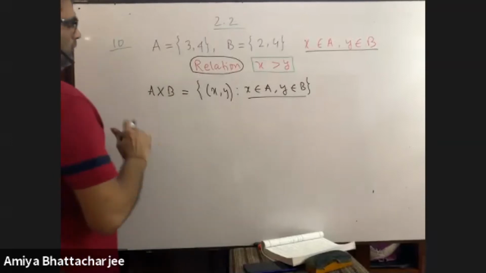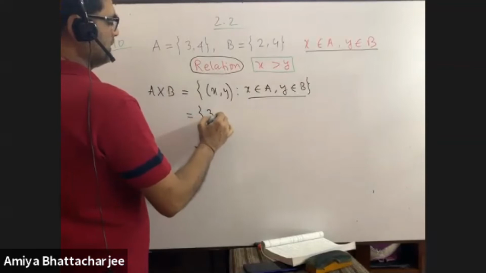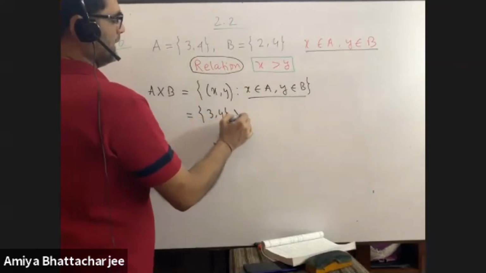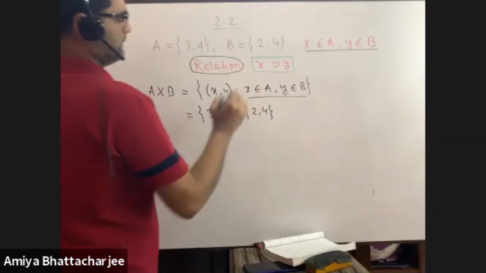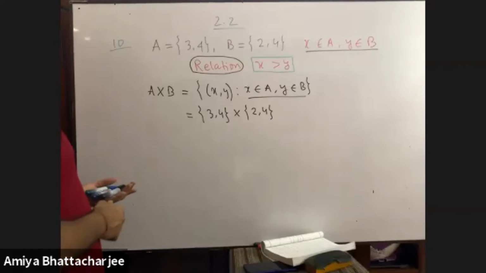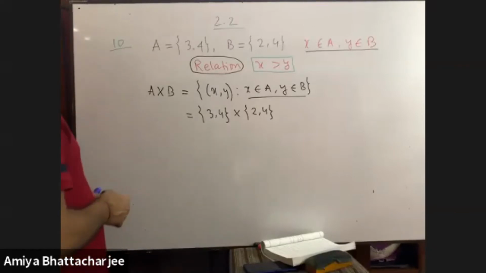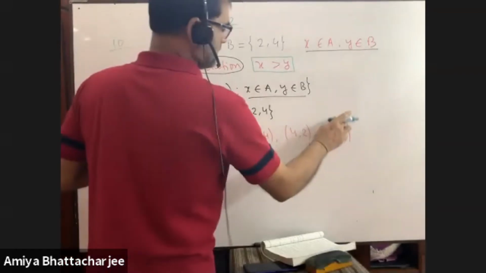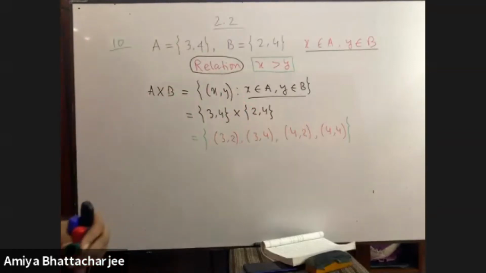Okay. Now you just put the value of A. What is A? {3,4}. And what is B? {2,4}. Am I right? Please pay attention. Up to this, it is very easy.